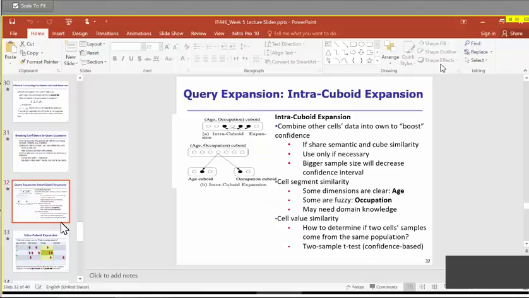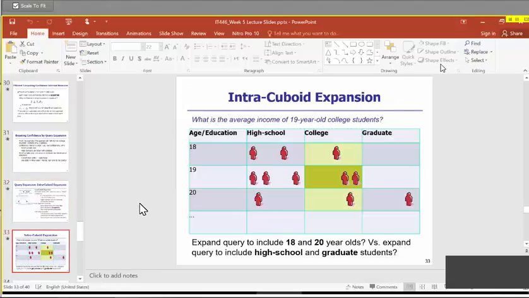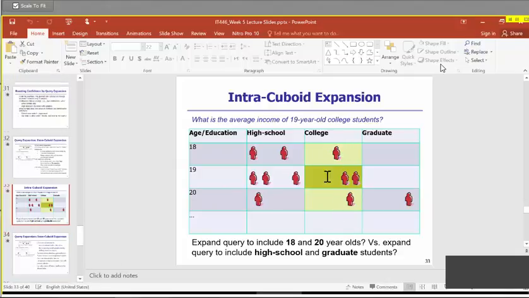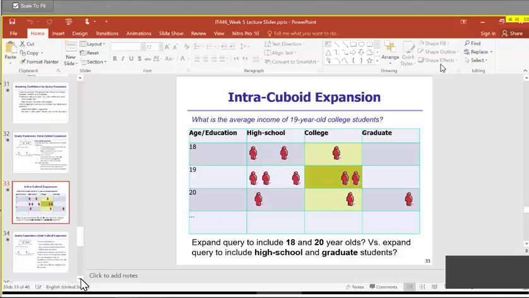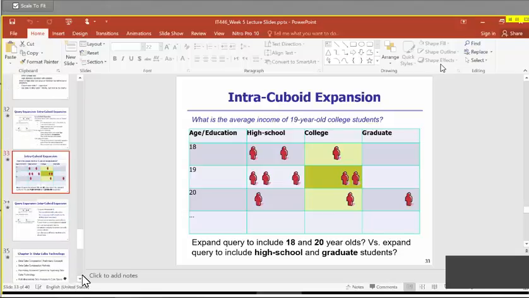As we go across the rows, the data is very clear. But when we talk about the age, this type of data is fuzzy. It's not very clear. So for this type, we can expand along the vertical axis or along the column.